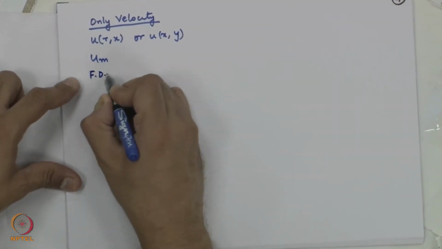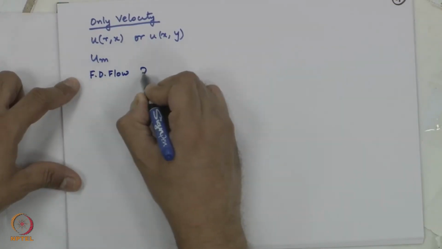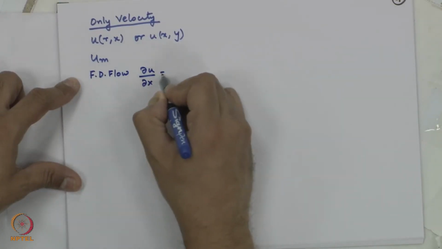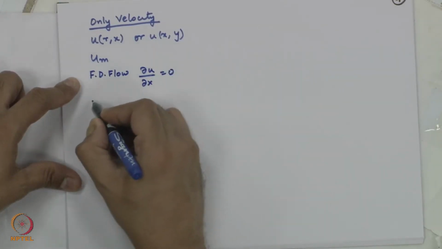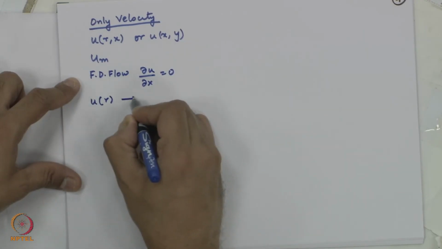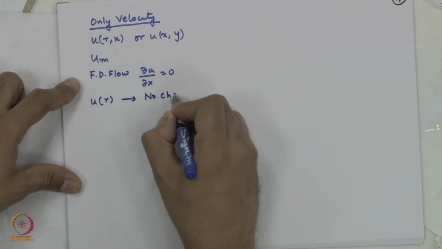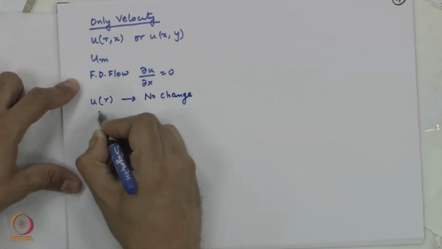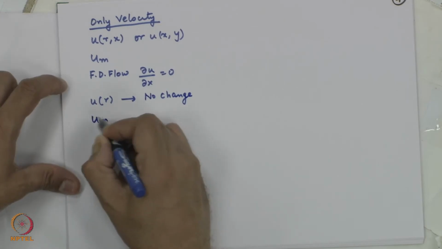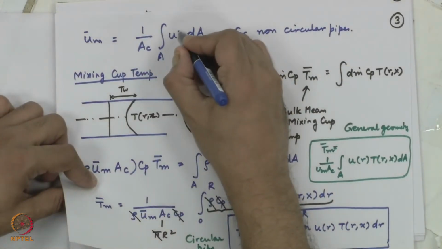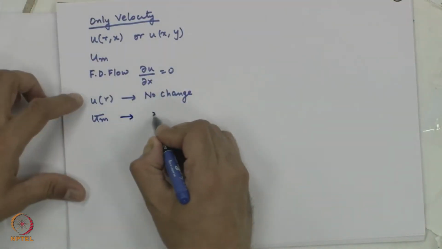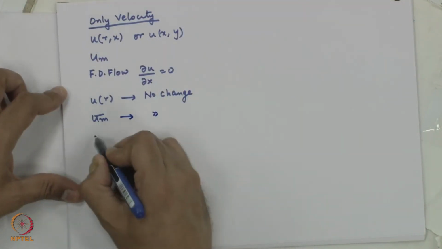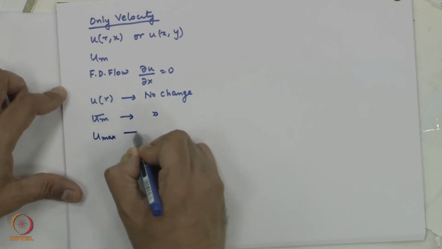Fully developed flow condition was du by dx equal to 0, which means u of r has no change. If this was not changing, u bulk mean, which is nothing but an integrated form of this, is constant, no change, and u maximum, no change.